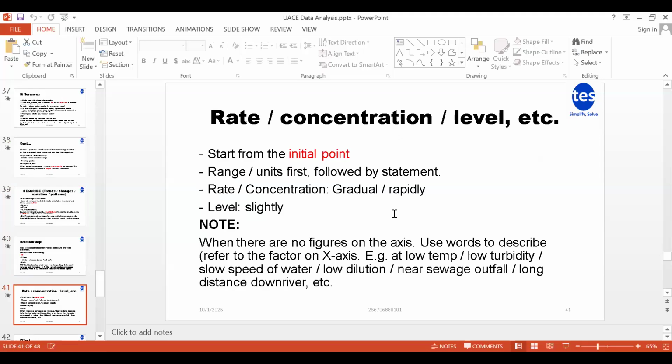Here we say that for levels you can use slightly. But if it is rate and concentration, you can use gradual, rapid. But for levels, we can use slightly. But still, we can use gradual and rapid, okay, as our points.